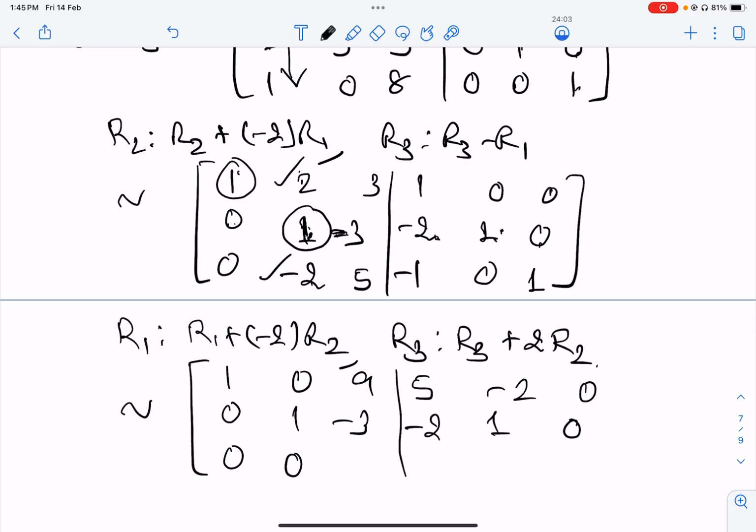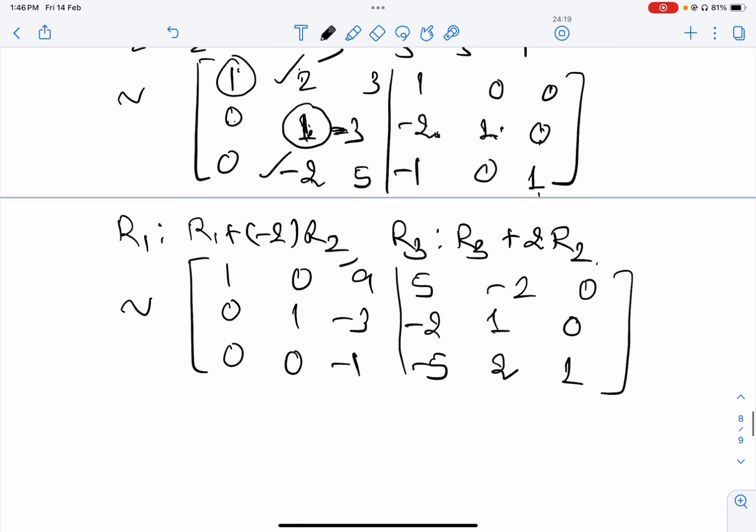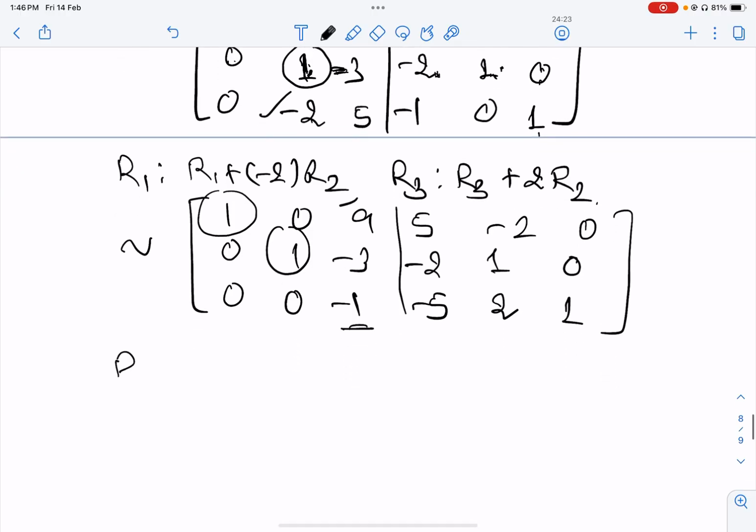This is minus 6 plus 5, so minus 1. Multiply with 2, minus 4 minus 1, minus 5. Multiply with 2 here, so 2, 0 and 1, so that is 1. Now here you can see minus 1, so make it 1 here.